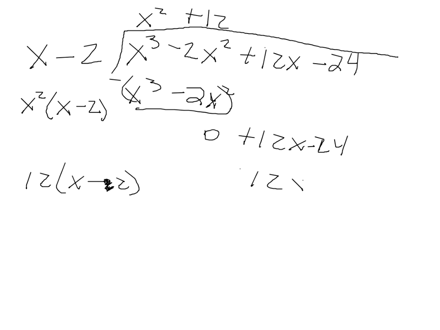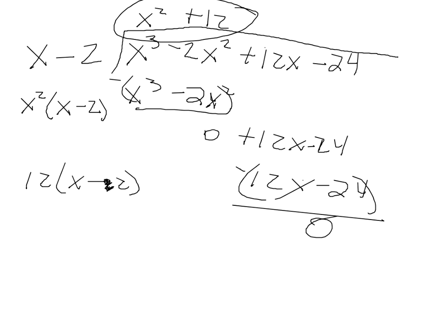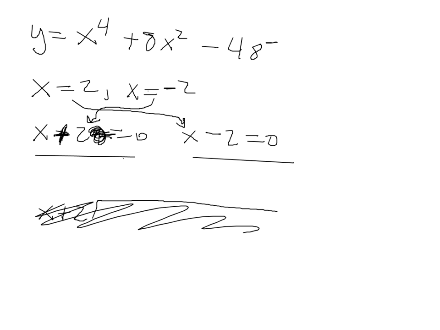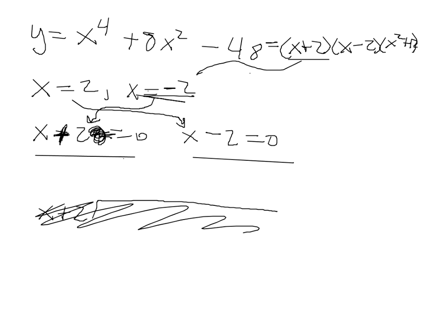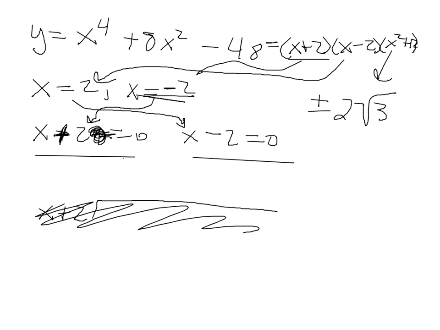So what that says is that this polynomial factors into x plus 2, x minus 2, x squared plus 12. And then again, this gives me the minus 2, this gives me plus 2, and this gives me the plus or minus 2 square root of 3i. So there's 3 different ways to get that.